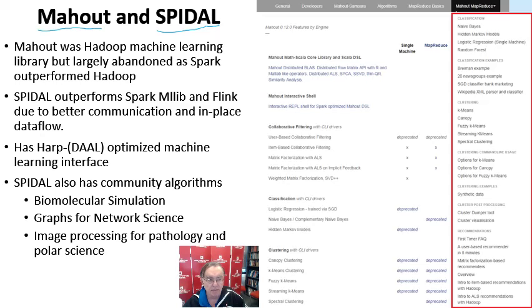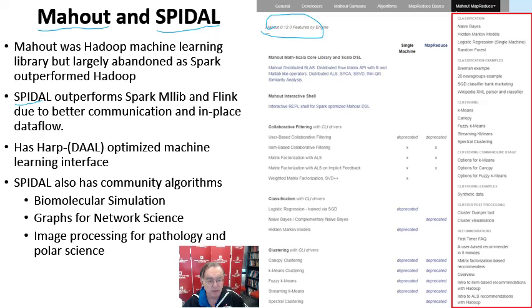And here we compared it with what happened to be standard when we started the project, Mahout. Mahout is, of course, now deprecated somewhat and replaced by MLlib, but they're very similar in terms of concept, have similar types of capabilities, and we will compare that with what SPIDAL has.